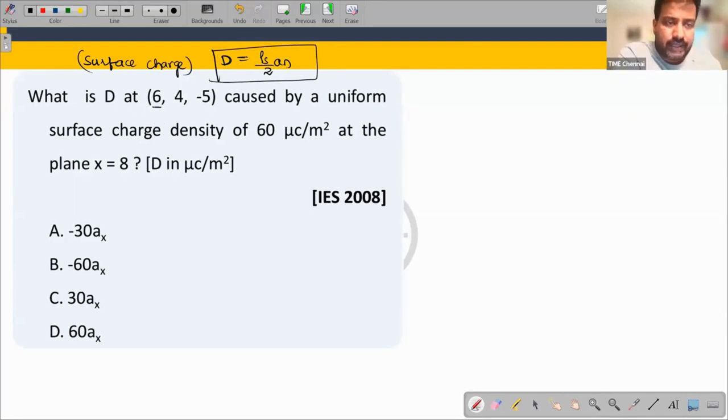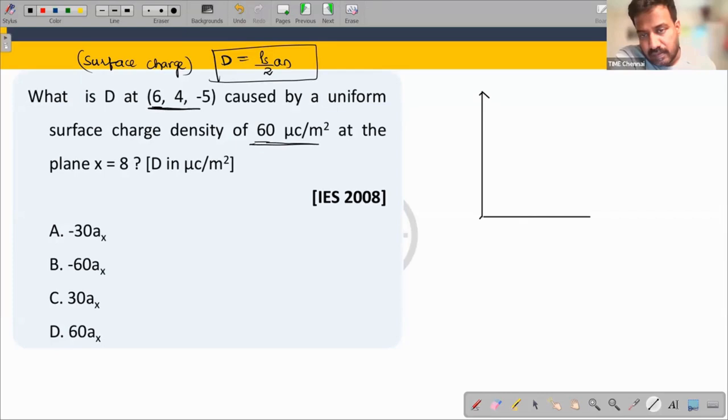He is asking what is D at 6 comma 4 comma minus 5 caused by a uniform surface charge density of 60 microcoulomb per meter square at the x is equal to 8 plane. The plane is like this. This is x. This is y. This is z. Let this be 8. X is equal to 8.